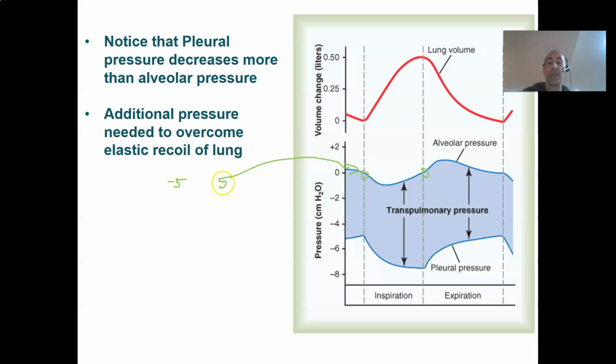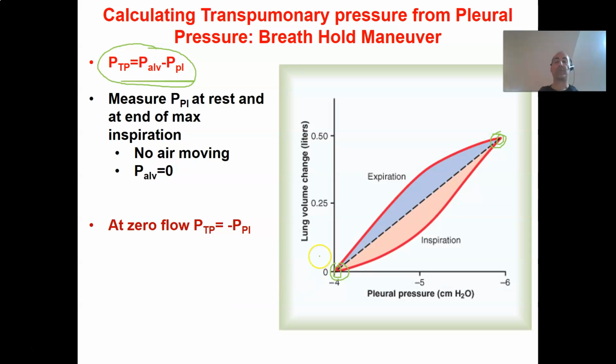At this point here, pleural pressure was -8 and transpulmonary was 8. So at 0 flow, transpulmonary is equal and opposite to pleural. That is always going to be true.